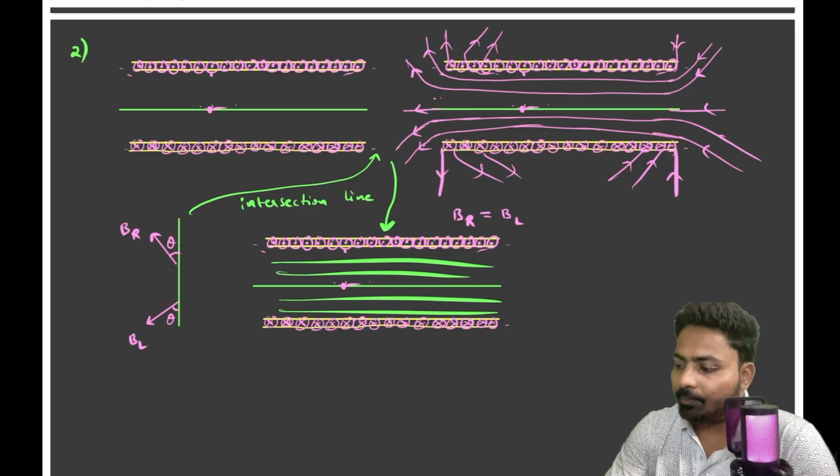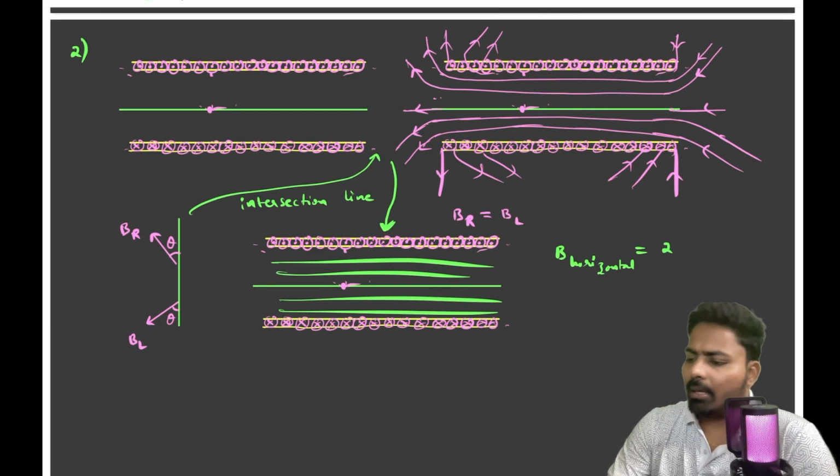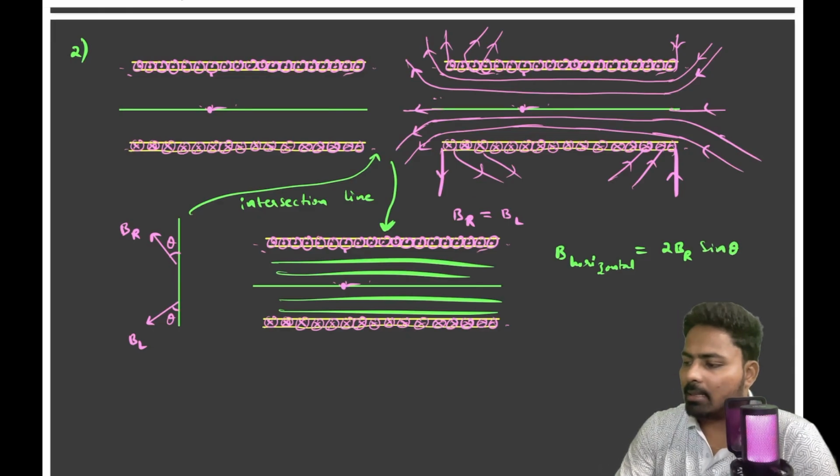B along horizontal is nothing but 2BR, I can say 2BR cos theta, sorry, 2BR sin theta, because BR and BL are the same. So 2BR sin theta is nothing but B horizontal. This theta will vary.